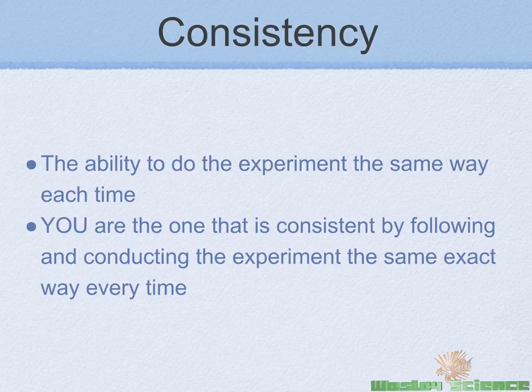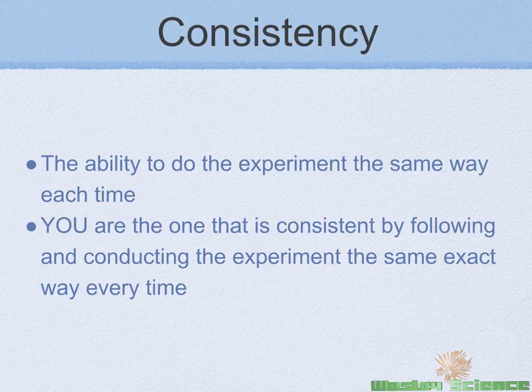If you have an experiment in which you are dropping something into a cup, for example, you should be dropping the rock the same sort of way each time. You shouldn't be throwing it down. You should be just releasing it by your hand, and it should be, again, the same person that does it every time.